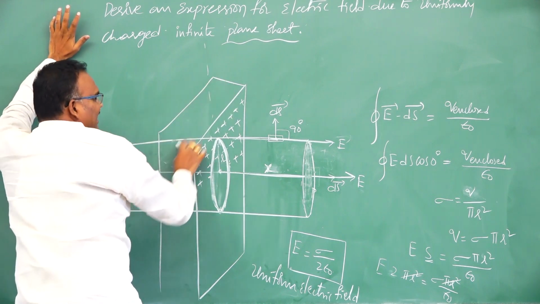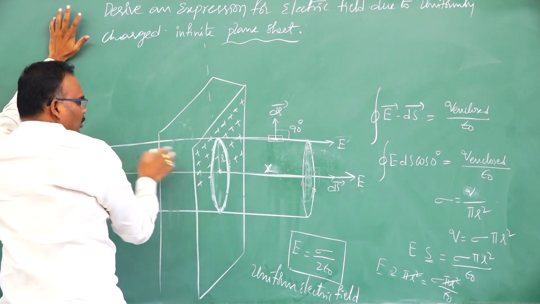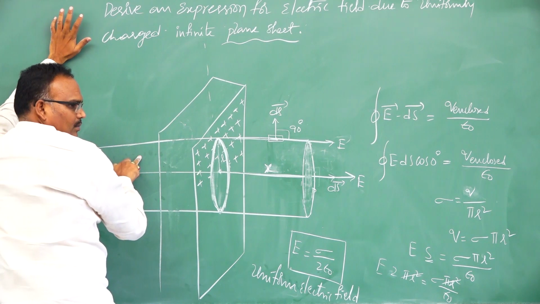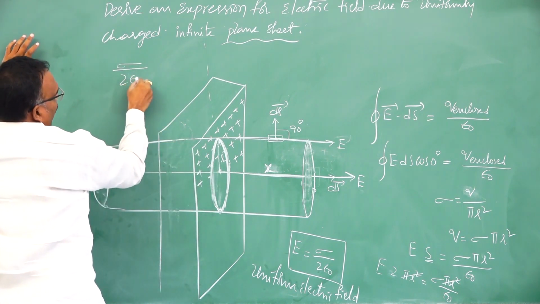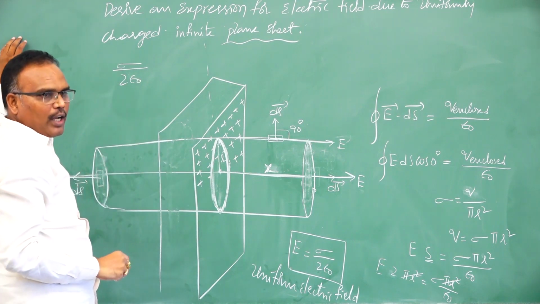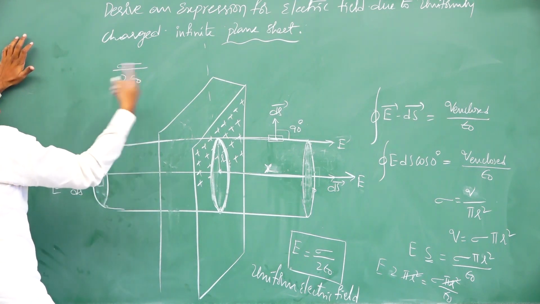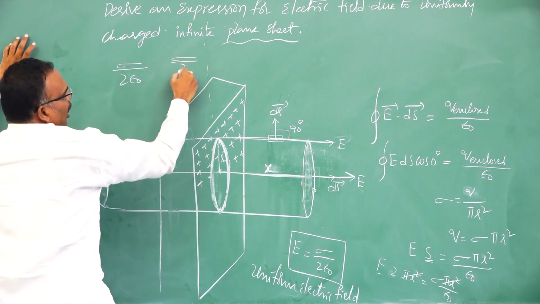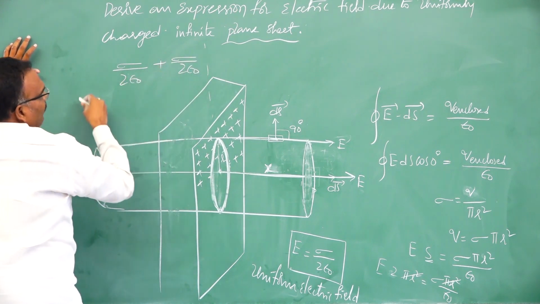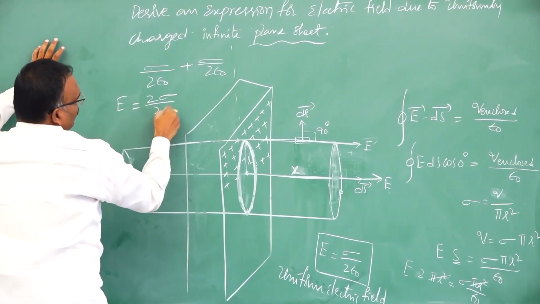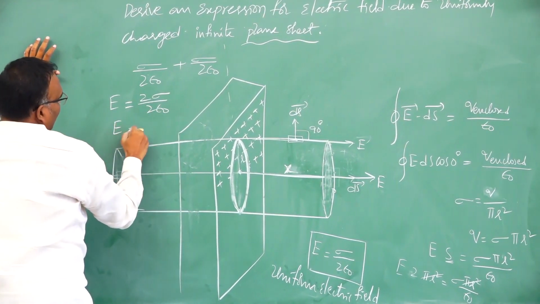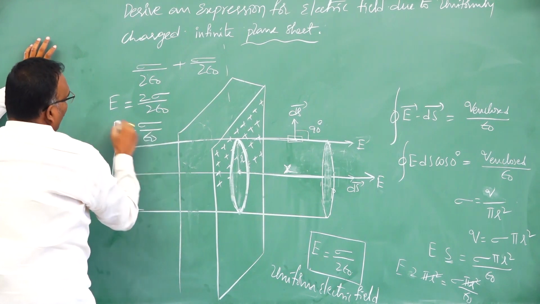Now in this case actually you will have two surfaces. One surface produces electric field at any point of sigma by 2 epsilon naught. The other surface also produces sigma by 2 epsilon naught. So if you add both, you will get electric field 2 sigma by 2 epsilon naught. So electric field becomes sigma by epsilon naught.